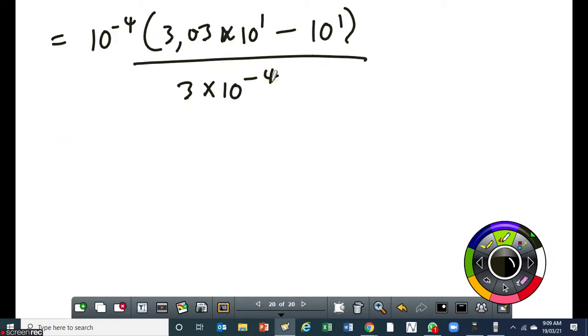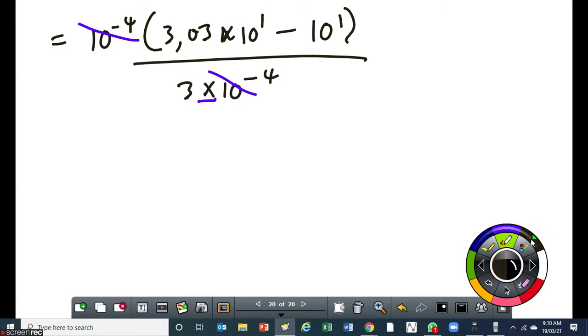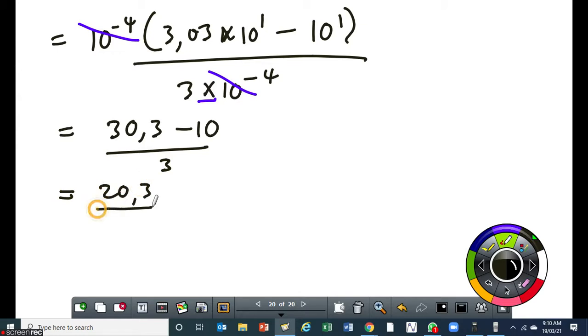Okay. Then, as you can see, because of this multiplication, this one cancels with that. Right? Now, 3,03 times 10 will give us 30,3. So we end up having 30,3 minus 10 all over 3. And this will give me 20,3 over 3.